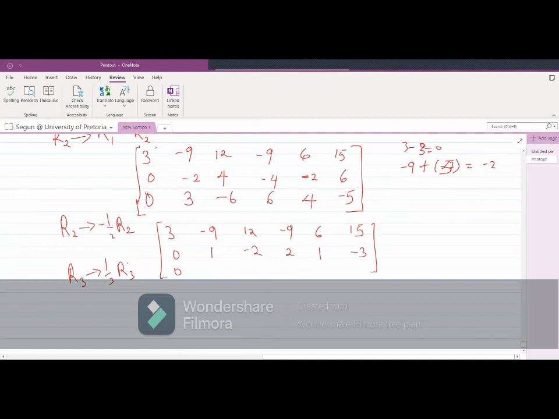So why don't we do it simultaneously? 1 all over 3, row 1. Let me do it this way so that people will not be confused. Let's just finish the one of 2. Is that okay? Okay, sir.